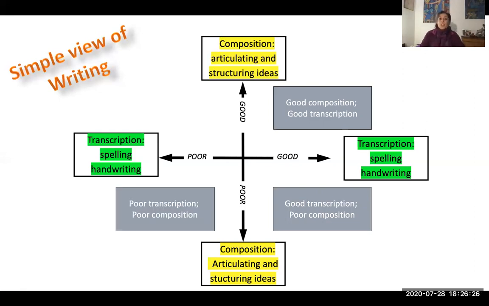Then again, we have the third group, the children who struggle, who are a little bit behind, who are not that good at composition, that is to say, to articulate and create ideas. They tend to forget what they want to write. And they also struggle and are a little bit behind on the technical part, that is transcription. So they don't remember how to trace the letters.